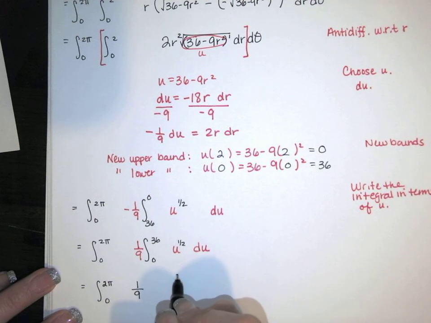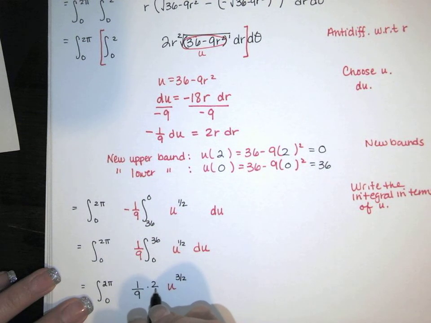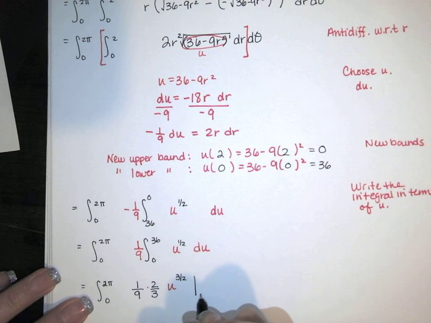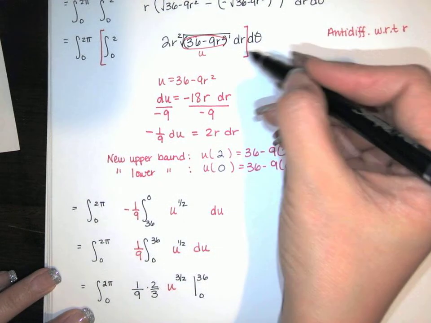Okay, then we add 1 to the exponent. And then we divide by the new exponent. Dividing by 3/2 is the same as multiplying by 2/3. And then you evaluate this from 0 to 36. I've been doing all of this and I forgot my d theta.